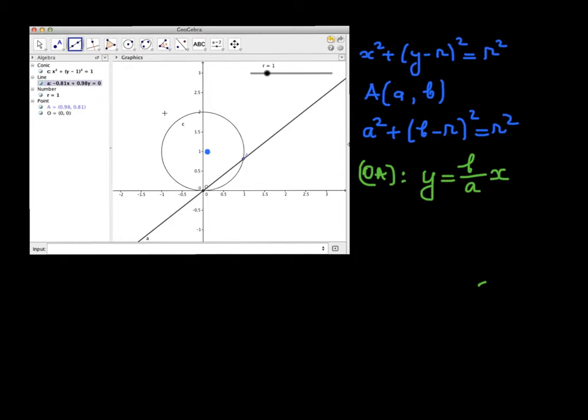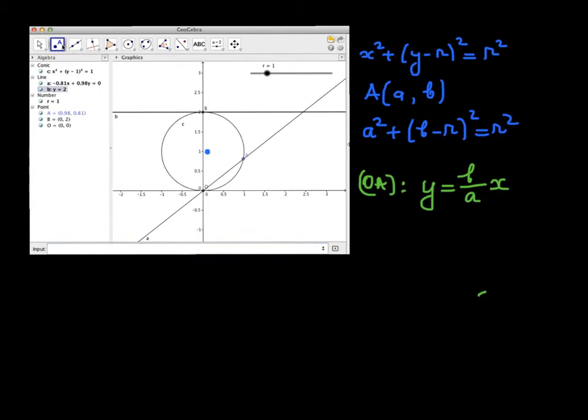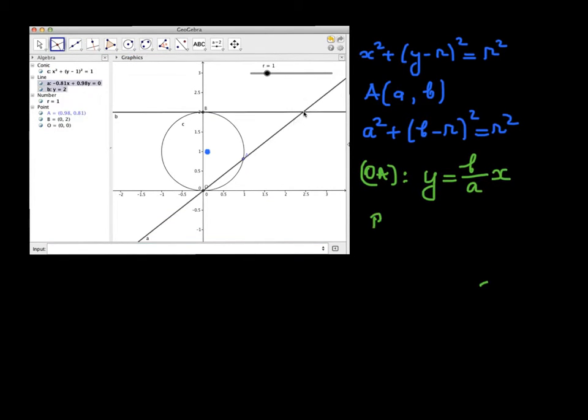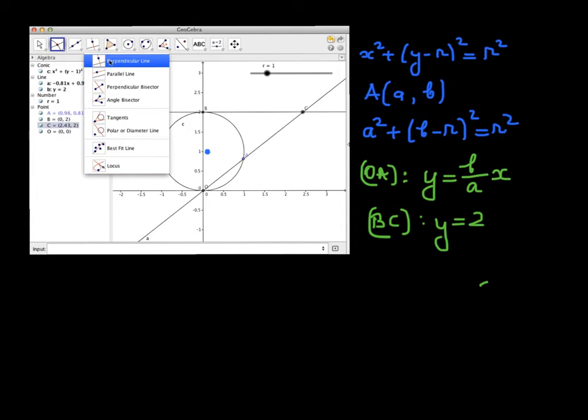So this is the equation of the line OA. Our next step was, through that point, called for now B, draw the line y equals 2r. So this line was called BC, and its equation was y equals 2r.